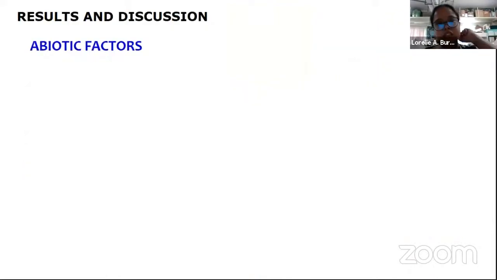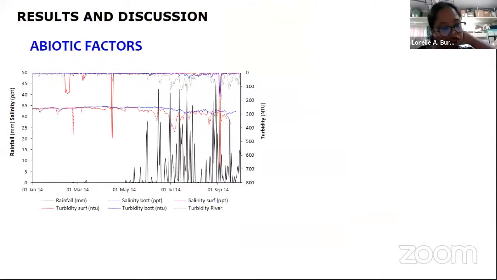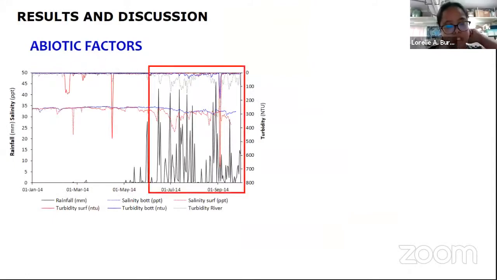For the results, based on the CCMS sensor readings, rainfall was highest from mid-June to September towards the southwest monsoon months. This was also accompanied, as shown in the figure by the solid black lines, by spikes, decreasing surface salinity, as well as episodic increases in turbidity in both coastal and river stations.